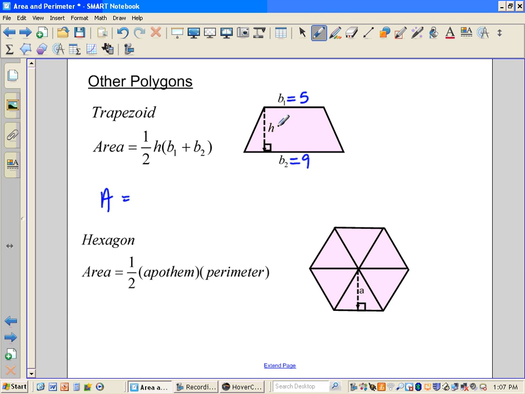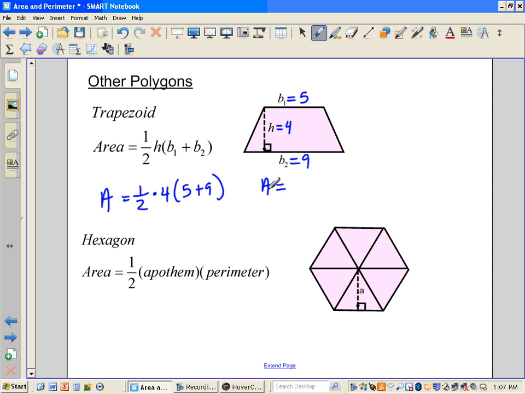And let's say our height is, what's that? Well, let's estimate that to be 4. Why not? Okay. So just to use this formula, same way we use any formula, we're just going to plug everything in. So 1/2 times the height of 4 times the base 1, 5 plus 9, do in parentheses first.